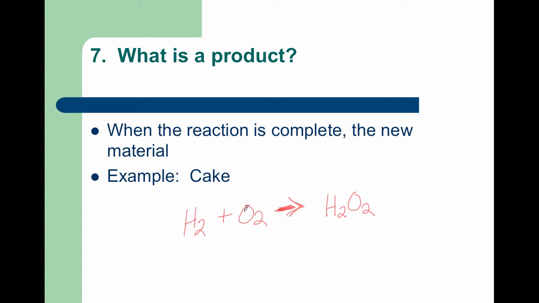So if I take diatomic hydrogen and diatomic oxygen, and diatomic means 2 atoms, I've got 2 atoms of hydrogen and 2 atoms of oxygen. If I add them together, then I'm going to get hydrogen peroxide. It's going to yield. So my reactants are going to be over here, and my product is going to be here. So the arrow always points to the product.